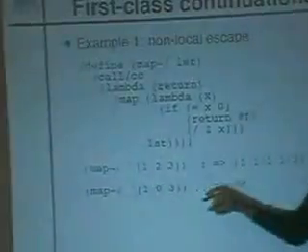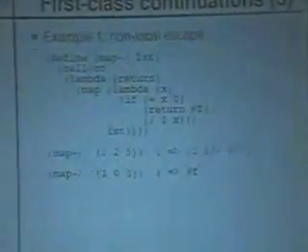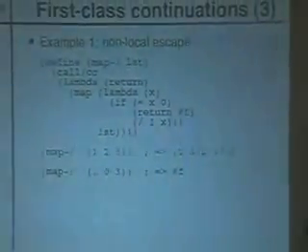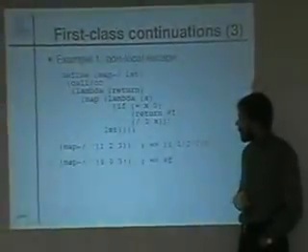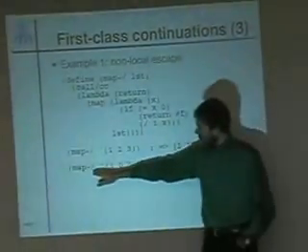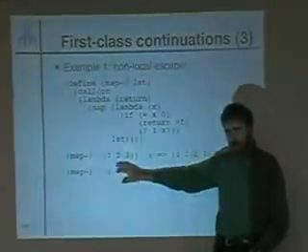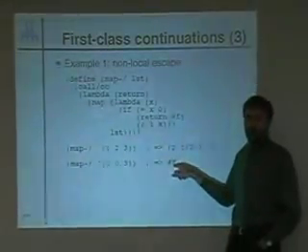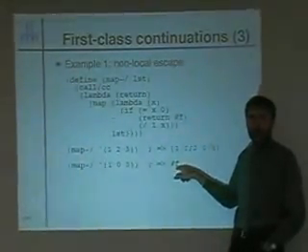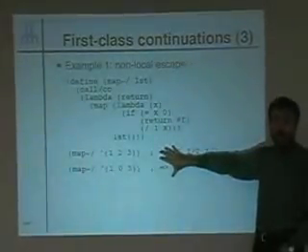Of course, there's a problem if you have a 0 in your list, because dividing 1 by 0 is a divide by 0 error, and we want to give a special meaning to this. So if there is a 0 in the list, we want the result to be false.